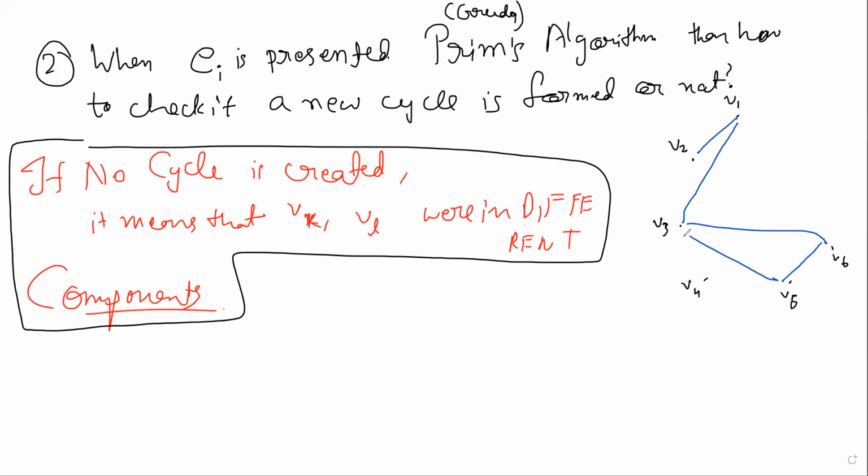Let's say we have this ordering: E1, which is V1, V2, then E2, E3, E4, E5, E6, E7. All have weight 1.